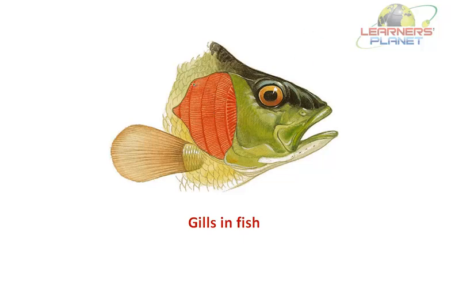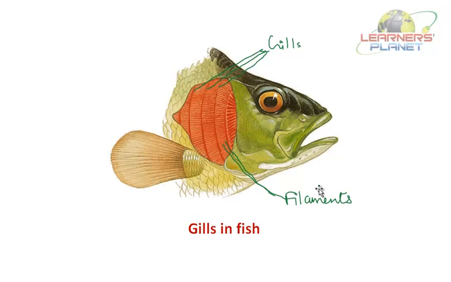Yes, what you can see here, these are all gills in fish, and here you can see a series of this longitudinal pattern in fish. All these are filaments. So we will study about these breathing organs in fish now.